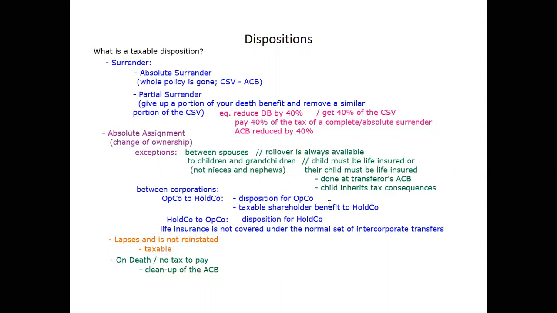So death is a taxable event, but there would be no tax to pay. This really just eliminates any tax consequences for that policy. It's an administrative provision, not an actual tax generating provision.